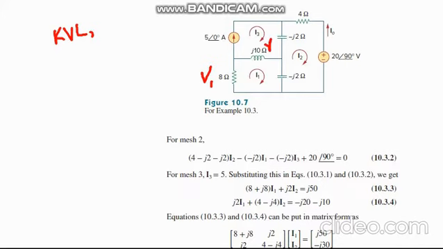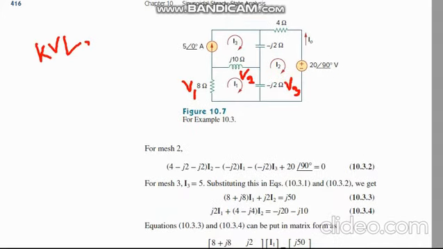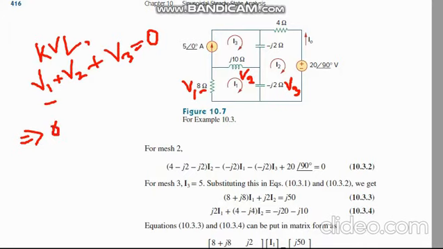So applying KVL in this mesh 1, V1 plus V2 plus V3 is equal to 0. Now we have to just apply Ohm's law in that situation. So in V1 there is the resistance 8, so 8 I1.